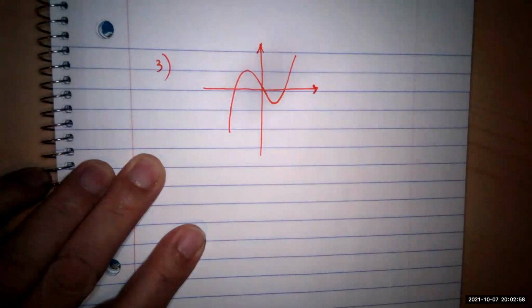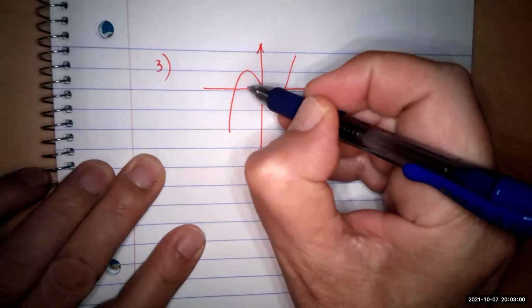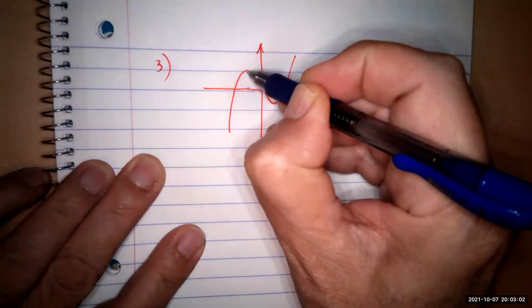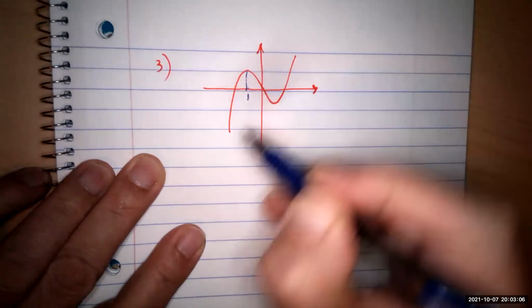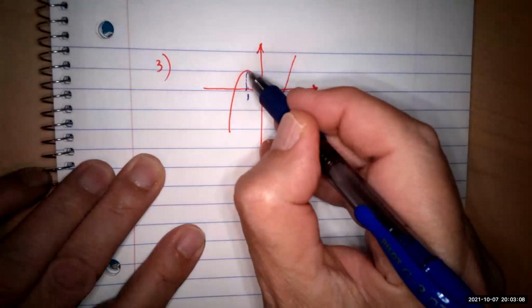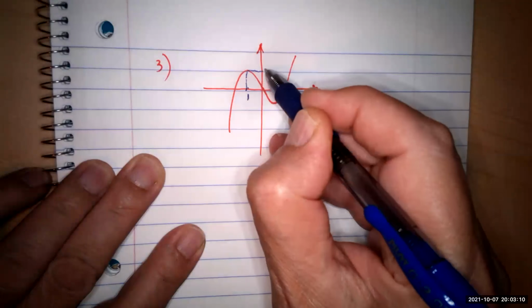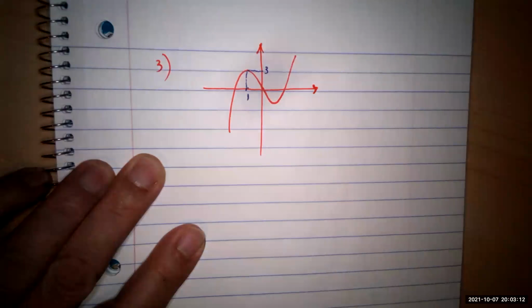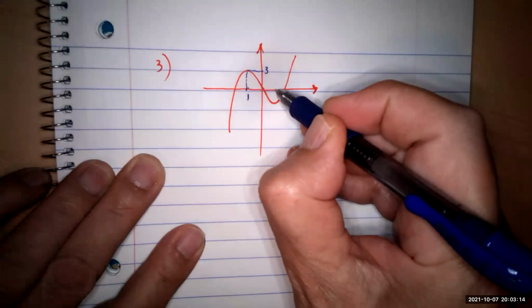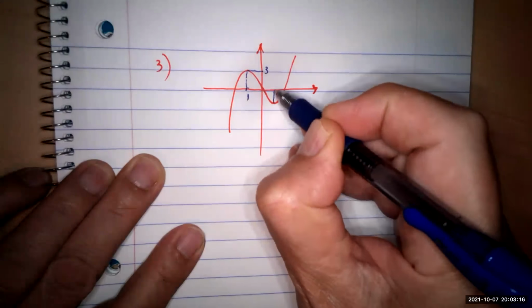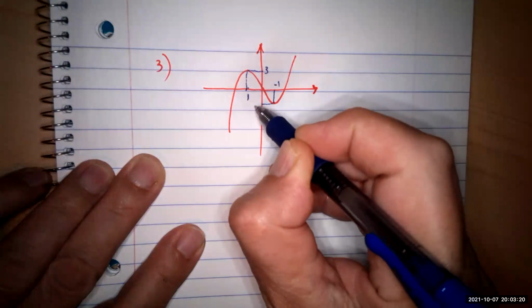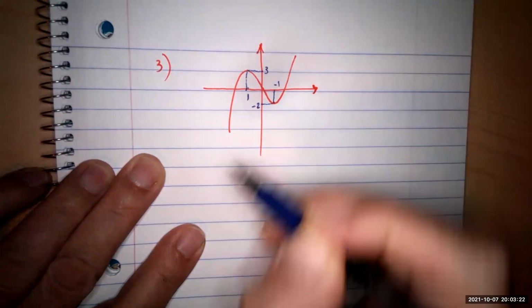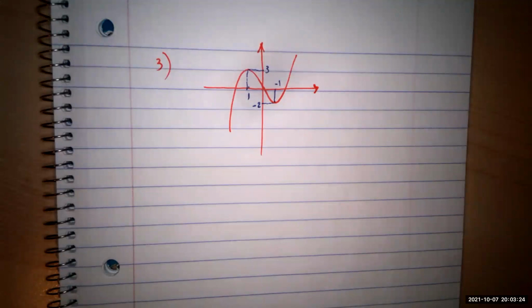At this point over here, suppose x is equal to 1, and this number over here is 3. This number over here is -1, and this number over here is going to be -2. Okay, this is going to be your function.